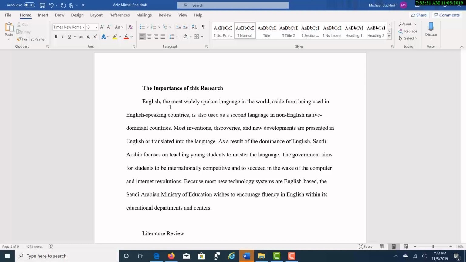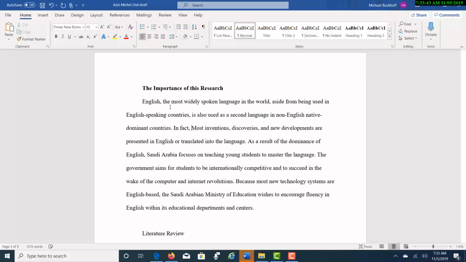So we have English, the most widely spoken language in the world, aside from being used in English-speaking countries, is also used as a second language in non-English native dominant countries. Most inventions, discoveries, and new developments are presented in English or translated into the language. How about, say, something like, in fact, to help connect this?